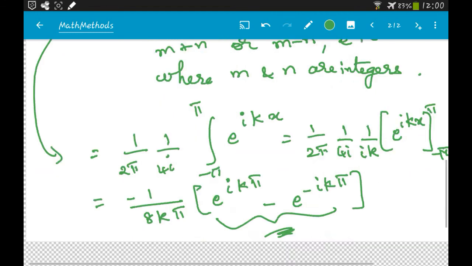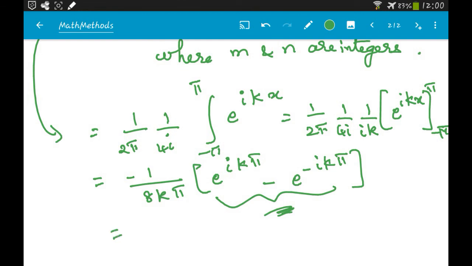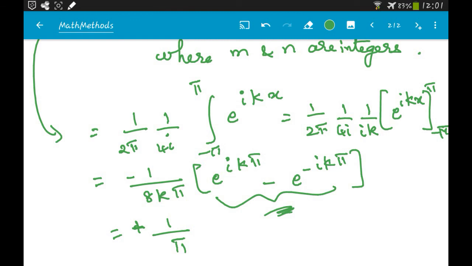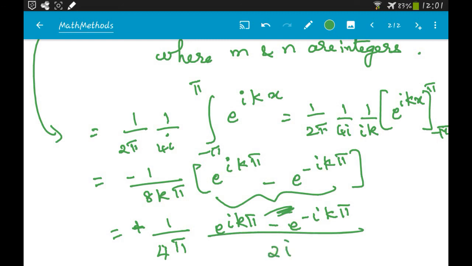So this is 1 by 4 pi k times e power i k pi minus e power minus i k pi by 2i.